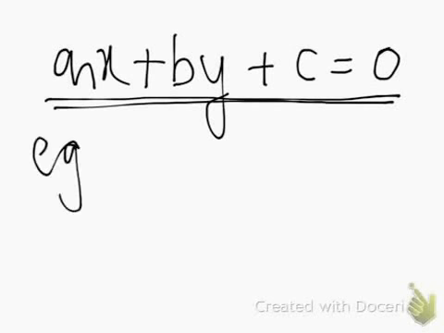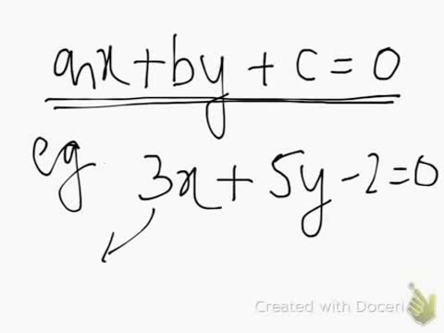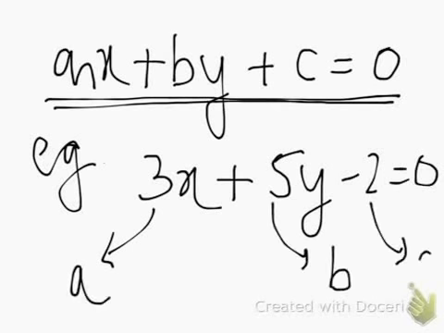For example, let us consider 3x plus 5y minus 2 equal to 0. Here this is a, this is b, and this is c. So, as you can see, any equation can be written in the form of ax plus by plus c.